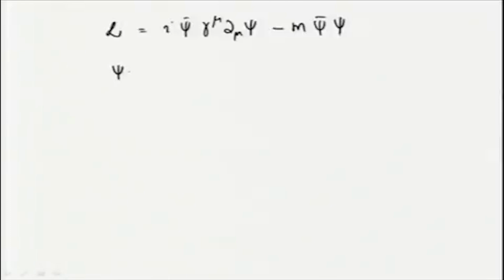Let us again consider a transformation ψ goes to ψ' = e^{iα} ψ. The difference with the earlier transformation is that we are now not considering alpha a constant, but a function of the space-time coordinate x. I will not write the index mu on the x, because it becomes too clumsy. So, when I say alpha, it is a function of the space-time coordinate.